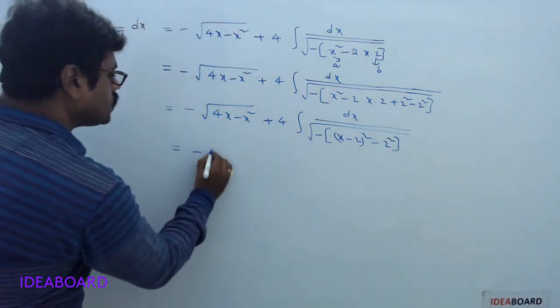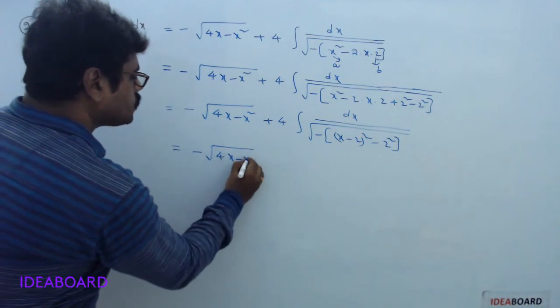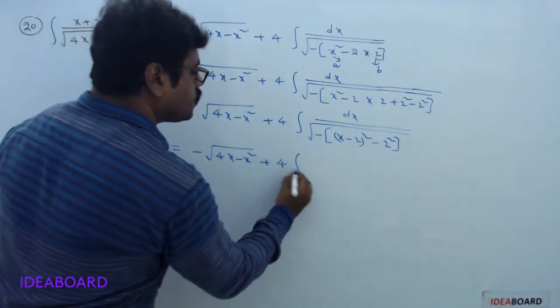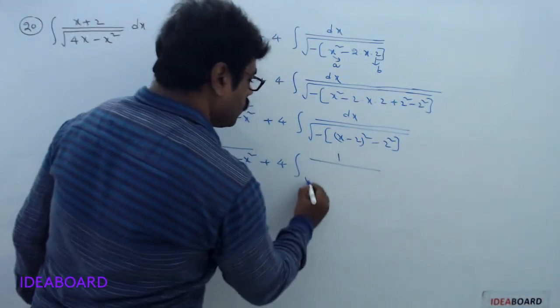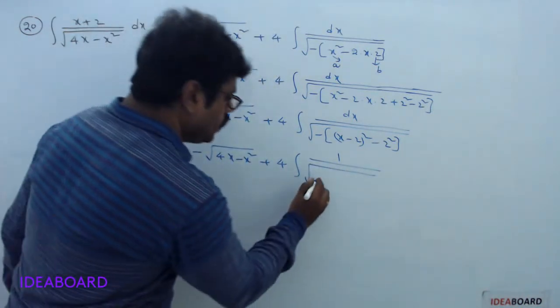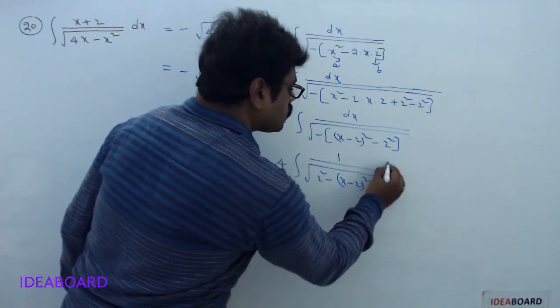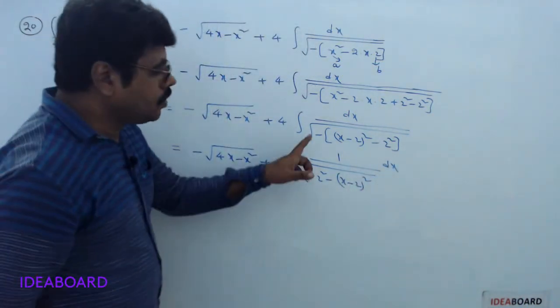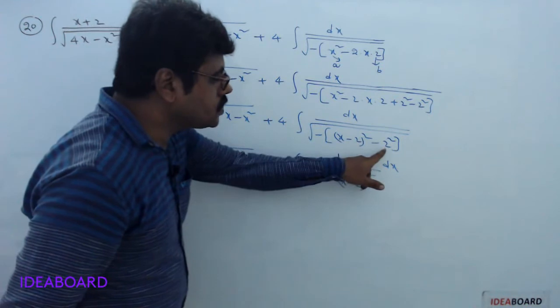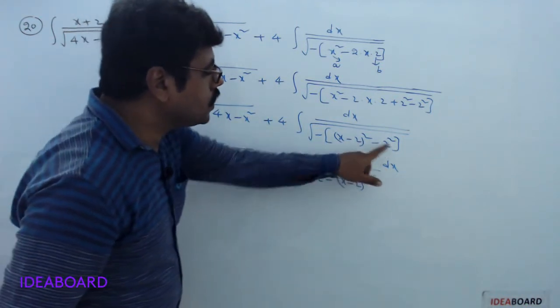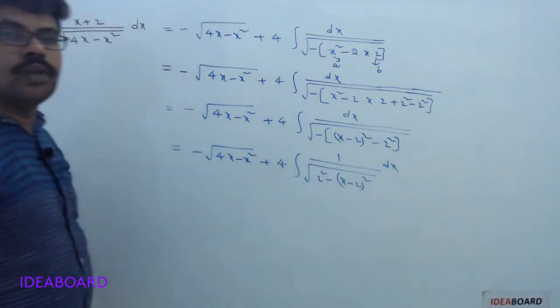Now this is minus square root of 4x minus x square plus 4 into integral 1 divided by square root of, this is 2 square minus x minus 2 whole square dx.